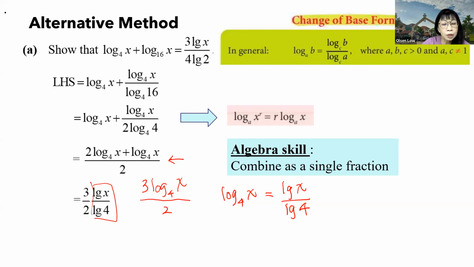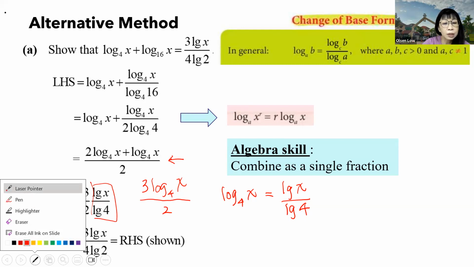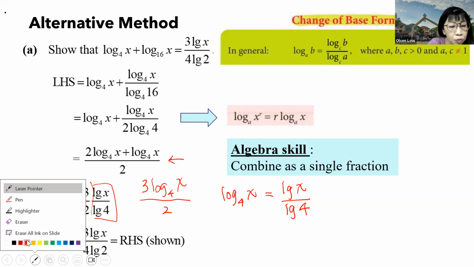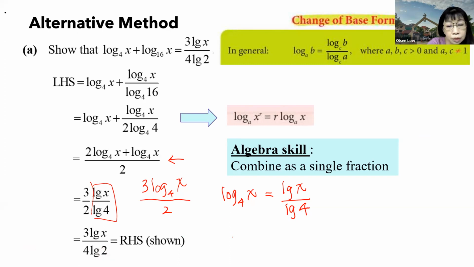Then from here, I just again change log 4 to log 2. To do that, I can simply, using power law, derive the answer that I want. Maybe I will just write it down in case some of you are not able to see.